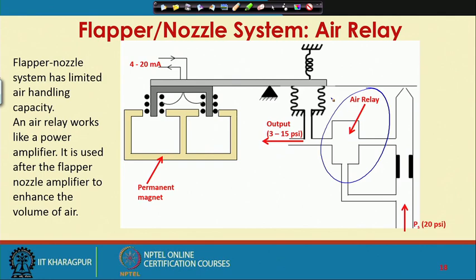We need the flapper nozzle system to have more air handling capacity. An air relay works like a power amplifier. It is used after the flapper nozzle amplifier to enhance the volume of the air. So, an air relay is used in connection with the flapper nozzle system to enhance the volume of the air.